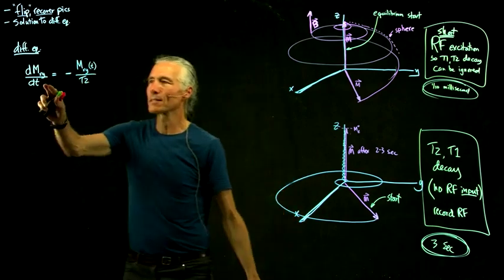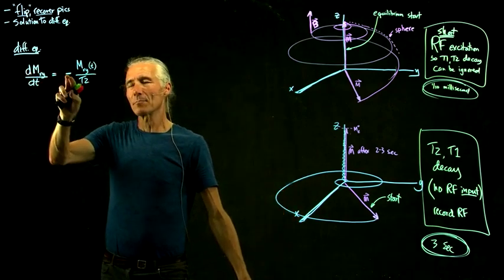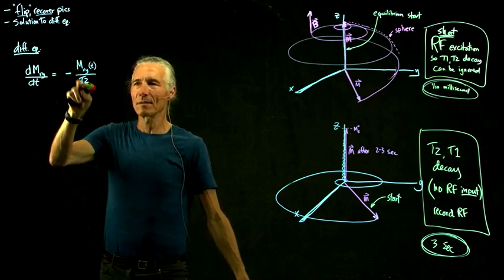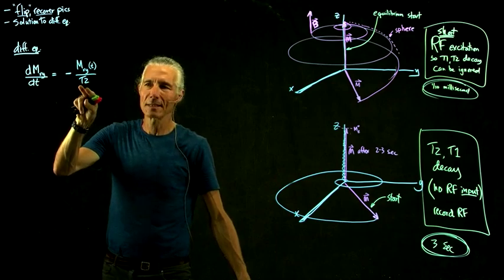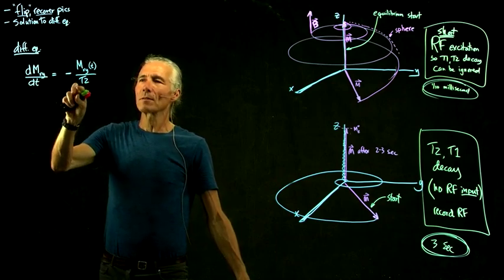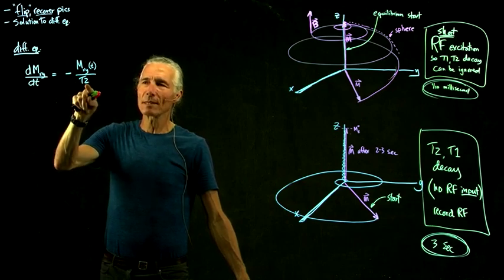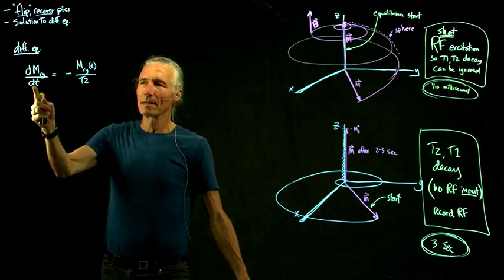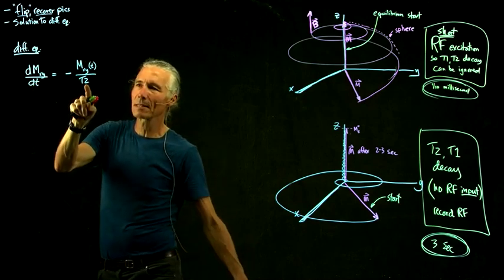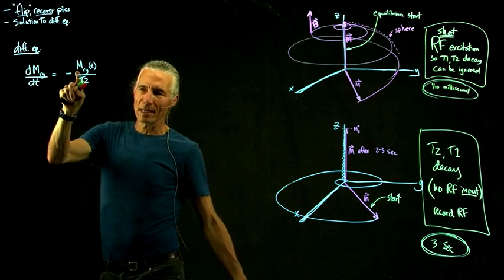All it says is that the amount of change is proportional to how much you currently have, divided by something. That's in words. Depending on how big T2 is, that will affect how big this is. If T2 is really big, it's in the denominator, so there's a small change.